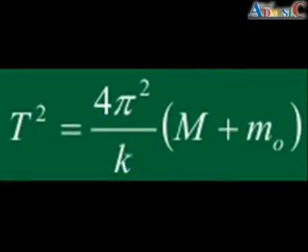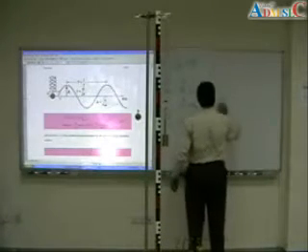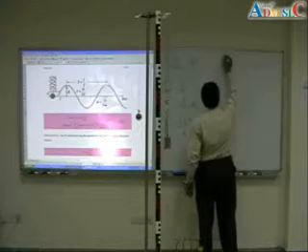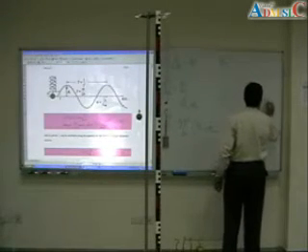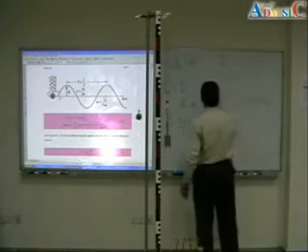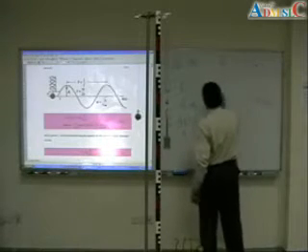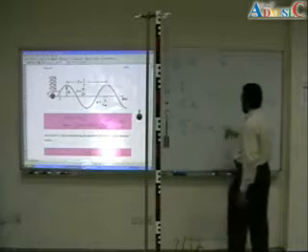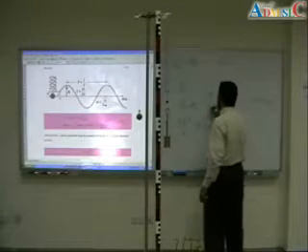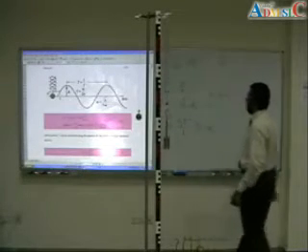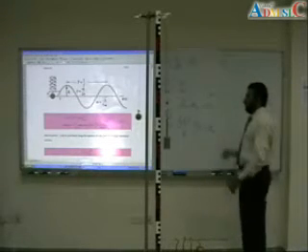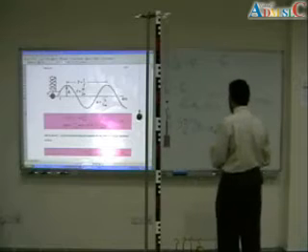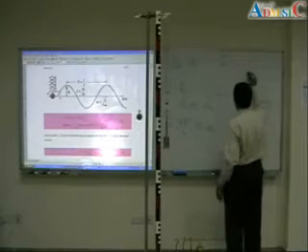So if I put T squared in seconds squared and mass in kilograms, I will get a line like this, and the x-intercept will represent minus m naught exactly. So do your calculation and find the slope here.